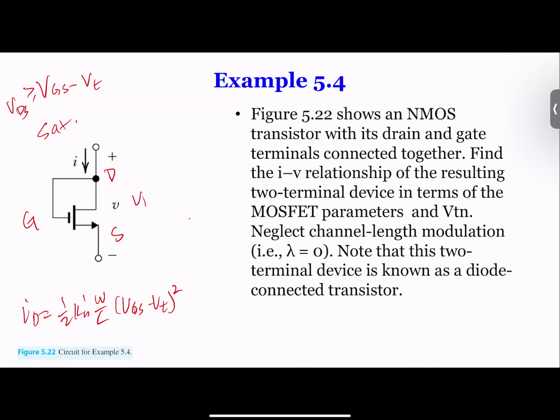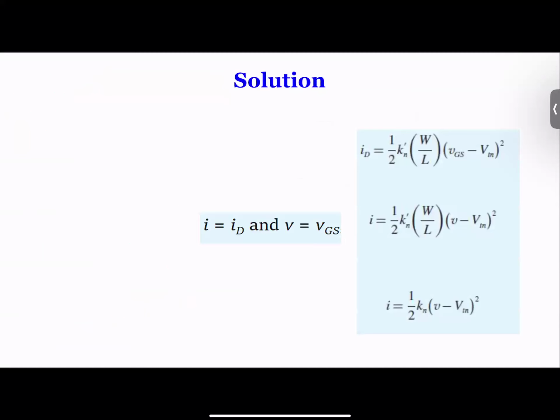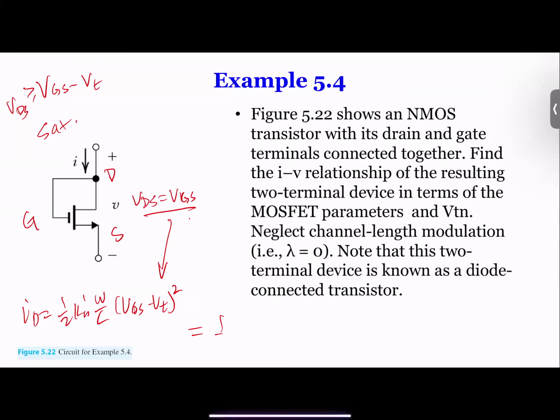Because VD and VG are connected, we plug this one in here, and we get 1/2 Kn prime W over L times (VDS minus VT) squared, because VT is a constant.